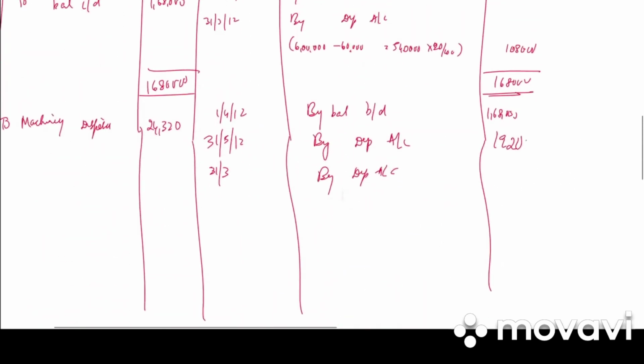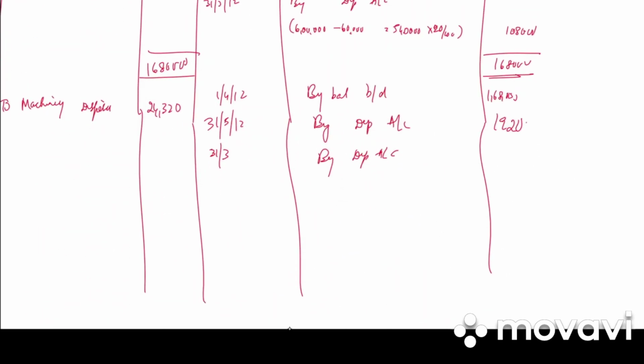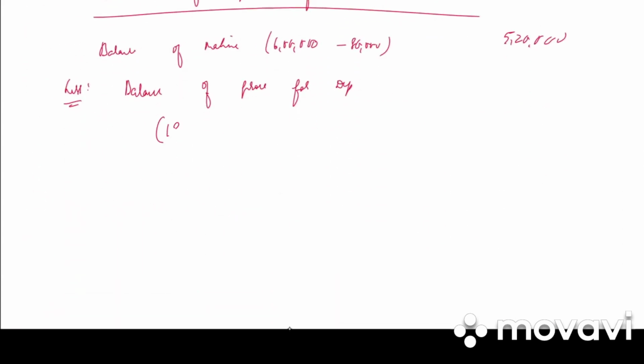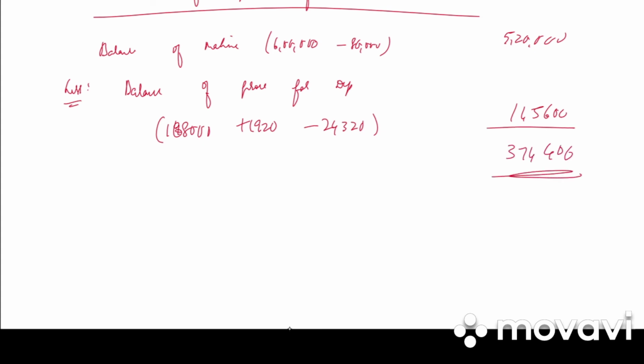Go to your provision for depreciation account. It is 1,68,000 plus 1,920 minus 24,320 for the last year. So 1,68,000 plus 1,920 minus 24,320, 1,45,600, 3,74,400.